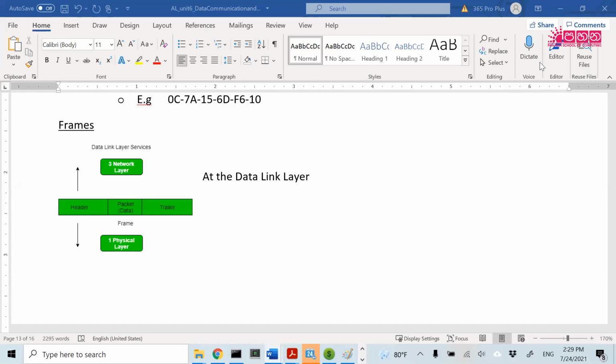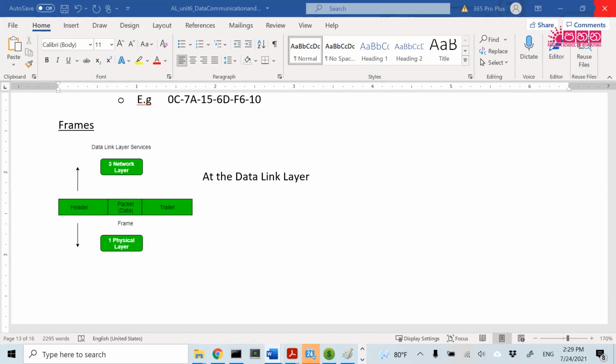So we are going to talk about the frames. When it comes to data link layer, we will send data as frames. The frame has the data as well as a header part and a trailer. In the header information, we are going to keep track of sending as well as receiving MAC addresses. That's exactly what I want to discuss here.